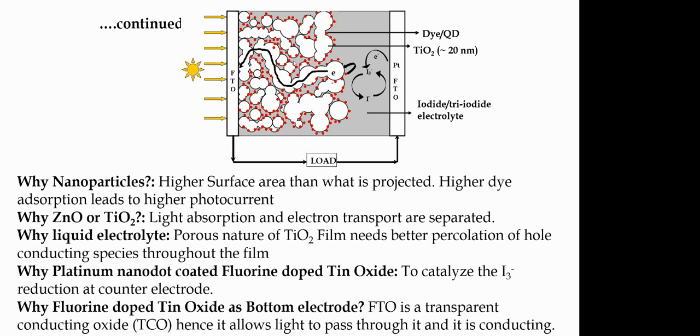Then you have a counter electrode, which is again FTO, a conducting oxide, but with a very thin layer of platinum coated on it that acts as a catalyst for the conversion of I minus to I3 minus continuously, to compensate the electron hole in the dye molecule and bring it into the ground state, which itself is compensated by the external electron coming from the external circuit after separating it out.